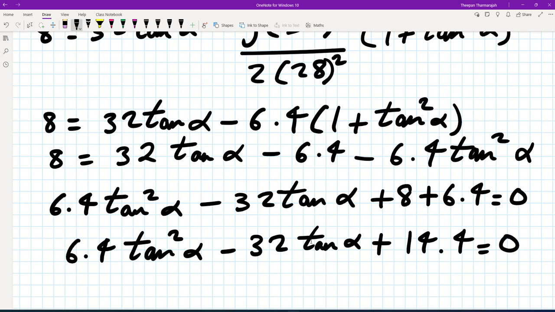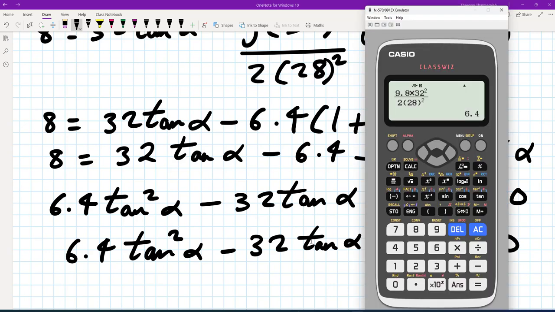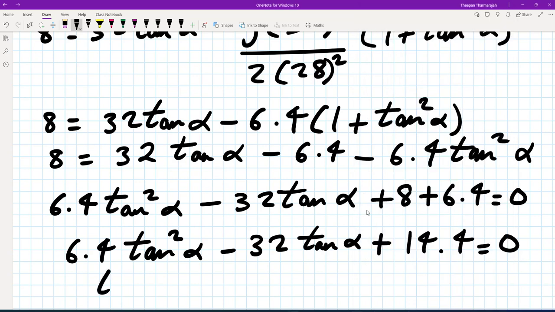And then we can just type that into our calculator using the polynomial equation function. So our coefficients are 6.4, minus 32 and positive 14.4. And when we do that, we get the following values.